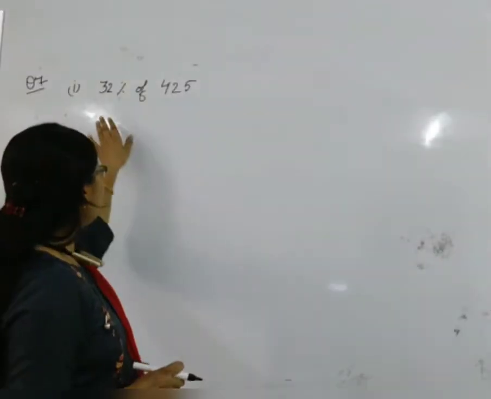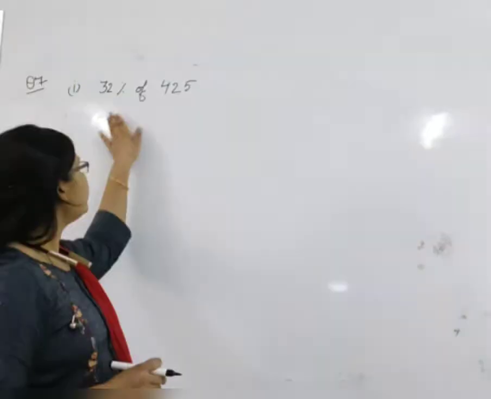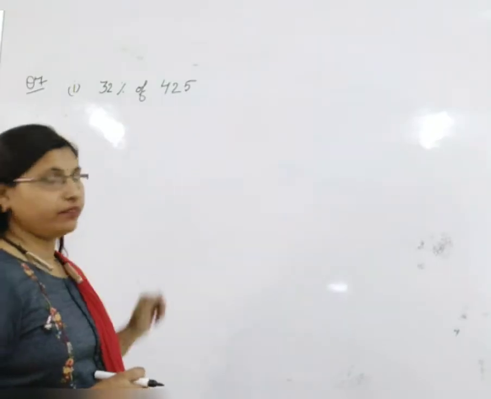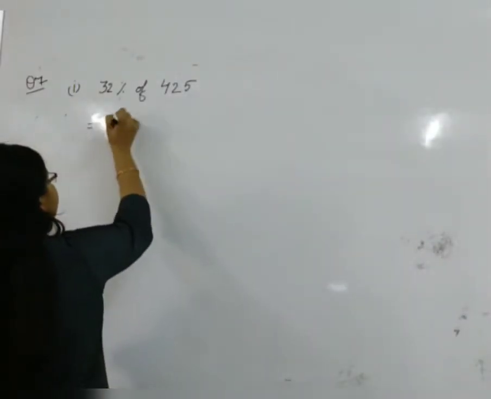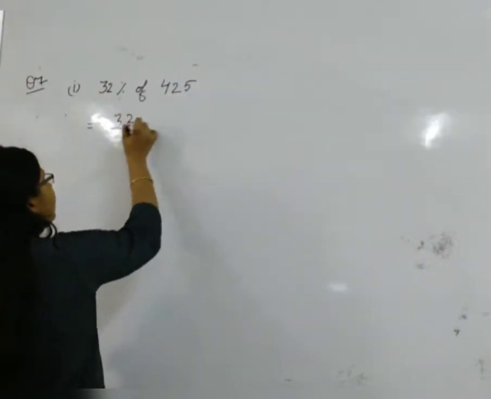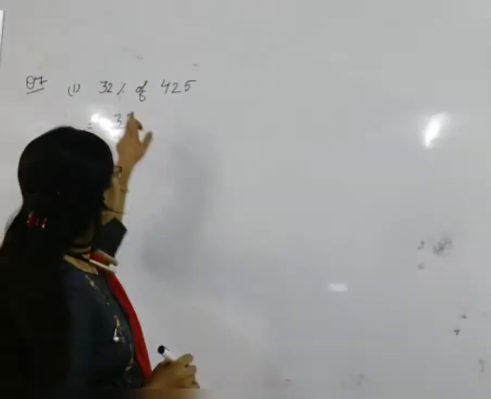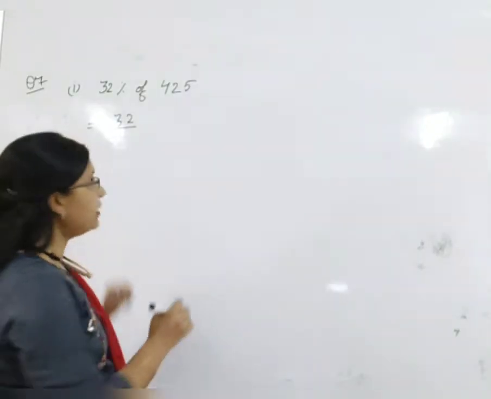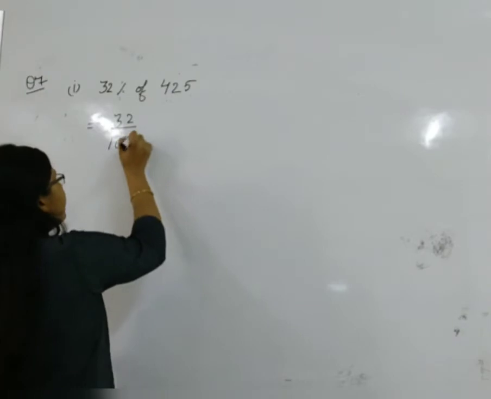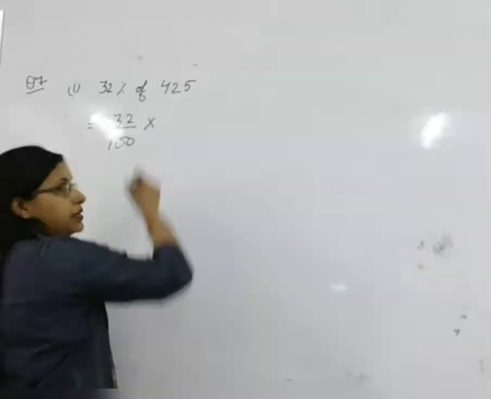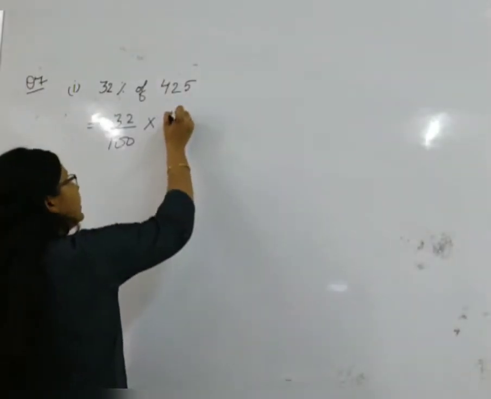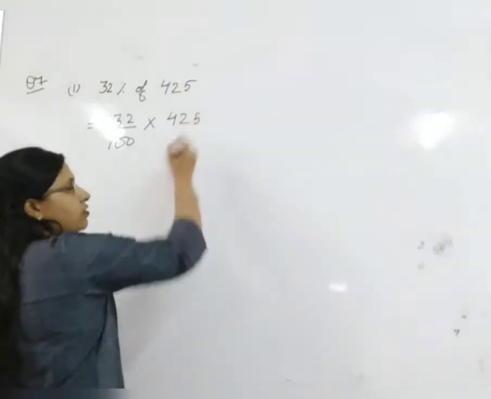In question number 7 we have the statement 32% of 425. So 32%, how can I write it without the sign of percentage? So I have to write 100 in the denominator. So 'of' is replaced by multiplication, and now here it is 425.